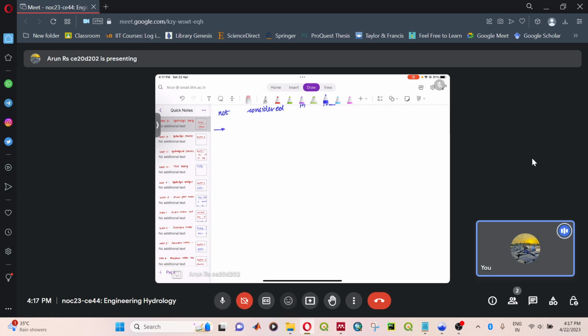So the next assumption is the frequency of the computed peak flow is same as that of the rainfall intensity corresponding to the return period of the design storm.